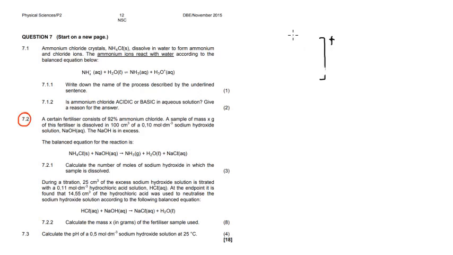7.1.1 says write down the name of the process that is described by the underlined sentence. The underlined sentence says the ammonium ions react with water. We know that the ammonium ions came from the ammonium chloride crystals, so that sentence is talking about the hydrolysis of a salt, because that salt has reacted with water.